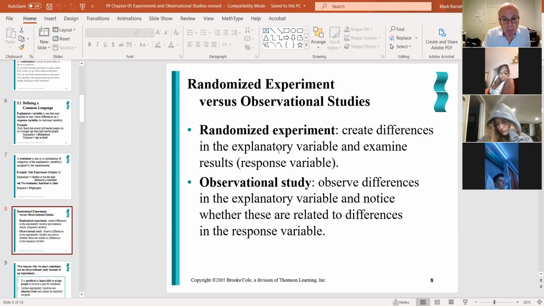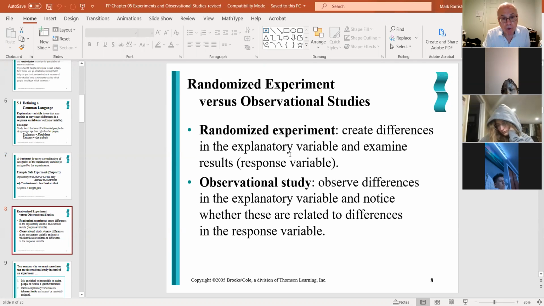So a randomized experiment is where the experimenter creates differences in the explanatory variable. So they're controlling the explanatory variable. They examine the results in the response variable. In an observational study, you just observe the differences in the explanatory variable and notice whether they're related to the differences in the response variable. And here's the key difference between these two types of studies.